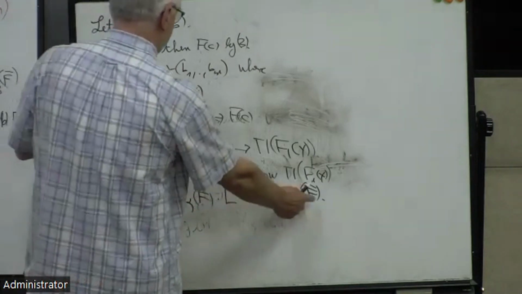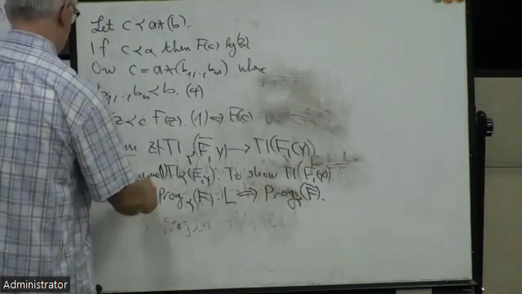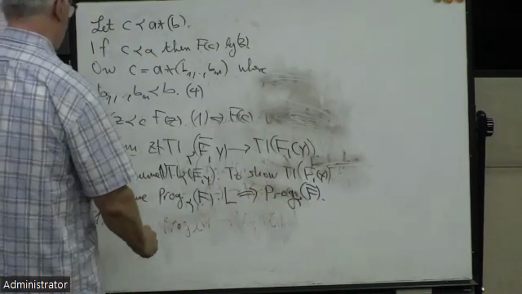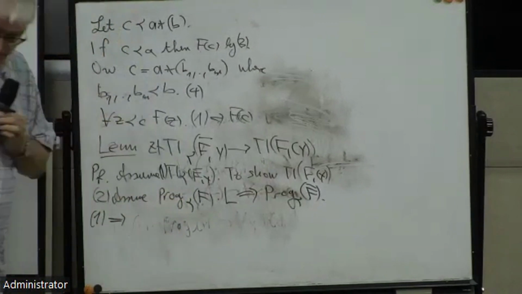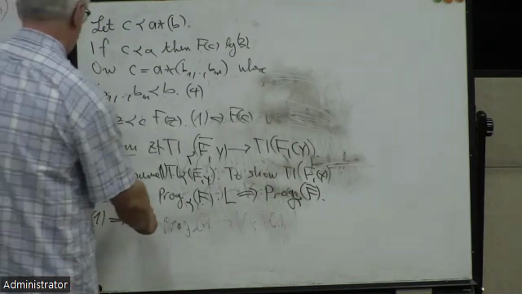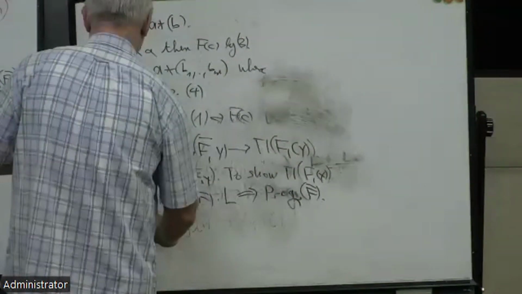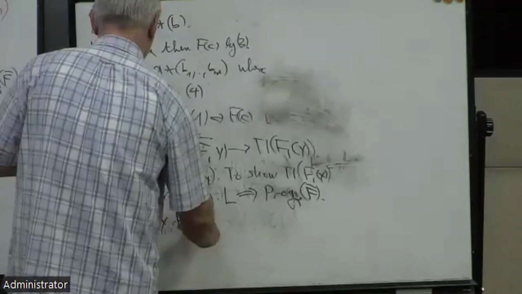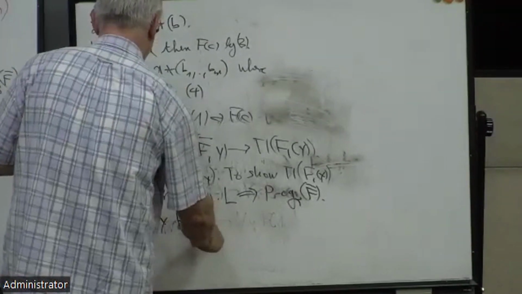We have the progressiveness of f bar. So by 1, we can conclude for all z smaller than y, f bar of z.